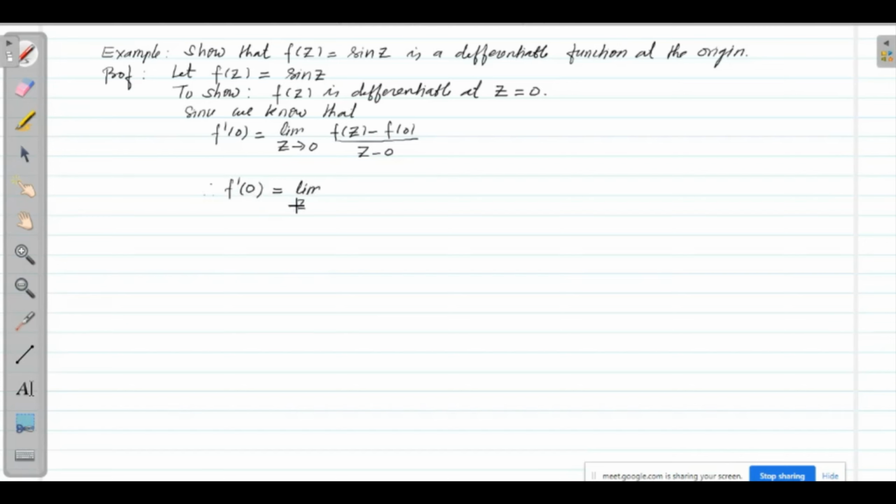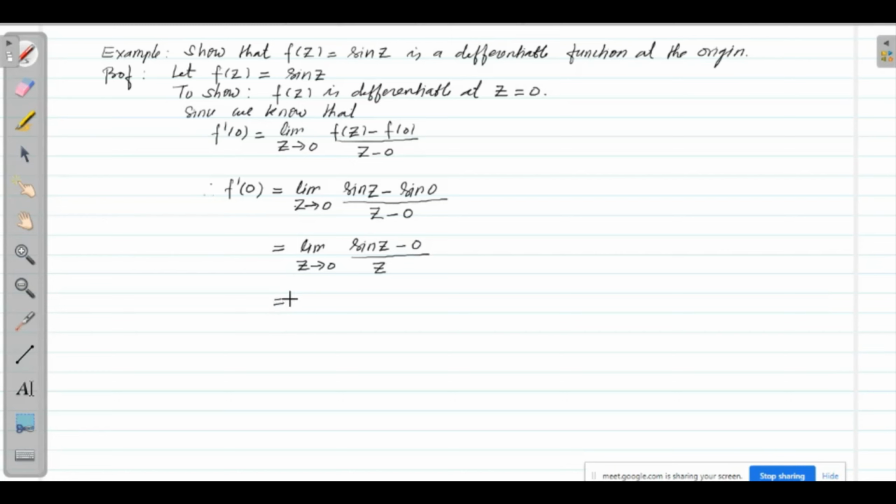Limit z tending to 0. But f of z is sine z, minus f of 0. f of 0 is sine 0, divided by z minus 0. And this can be written as limit z tending to 0 of sine z, but sine 0 is 0, divided by only z.